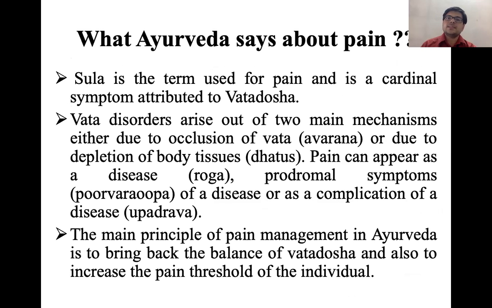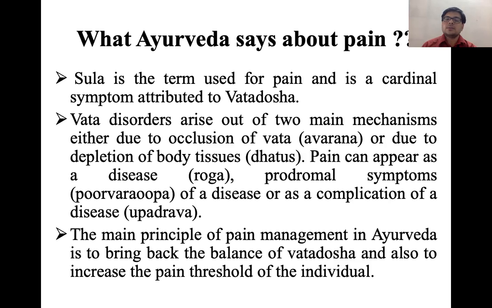If we see the Ayurveda classics, what does Ayurveda say about pain? The term Shula or Ruja is used for pain, and it is a cardinal symptom attributed to vata dosha.